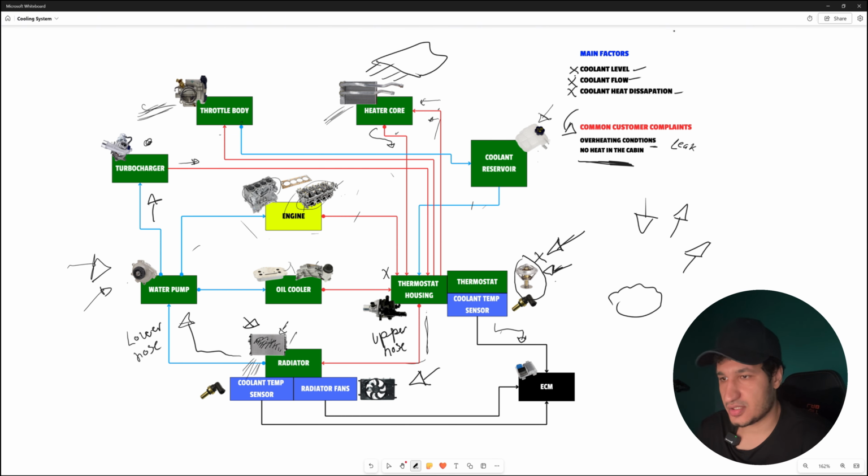And then also for heat dissipation, this guy over here, if your radiator fans are not working, then you will get an overheating condition due to coolant heat dissipation.